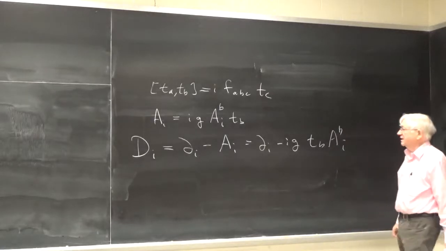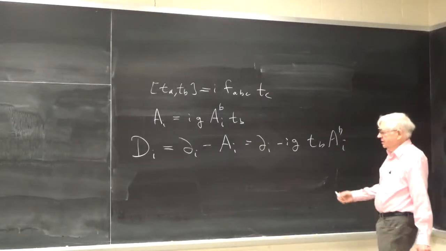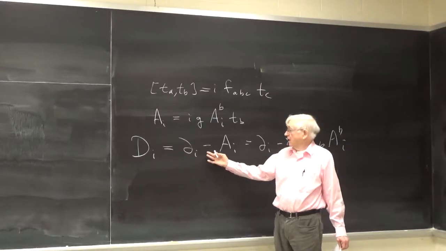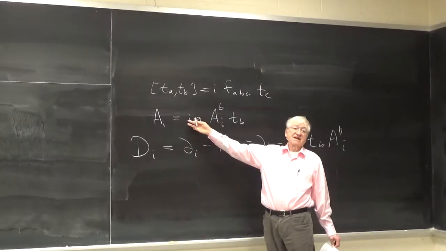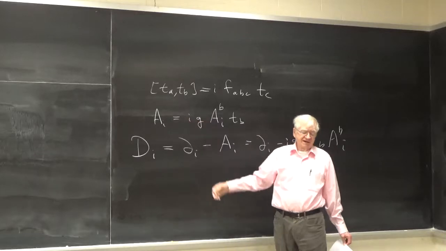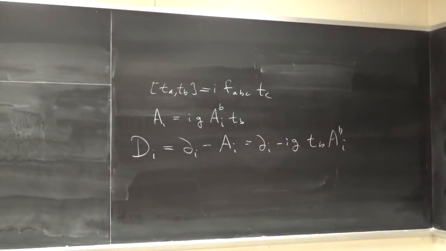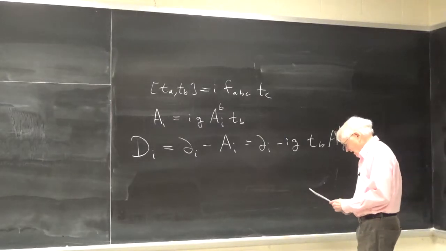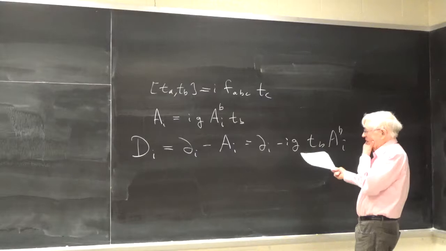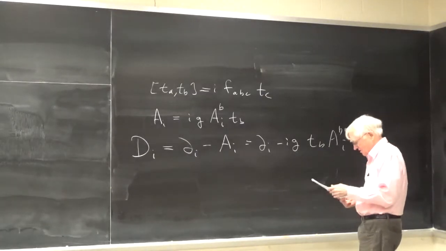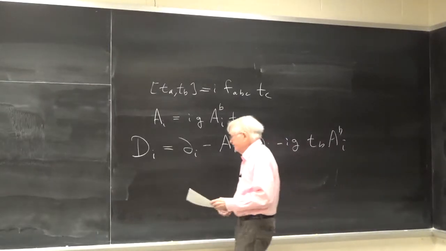That's one way of writing it. Now, of course, you can avoid some of these minus signs by putting a minus sign here, and that may be a nicer notation, but inasmuch as Kreutz, Weinberg, and Peskin are all using this notation, I'll stay with that.